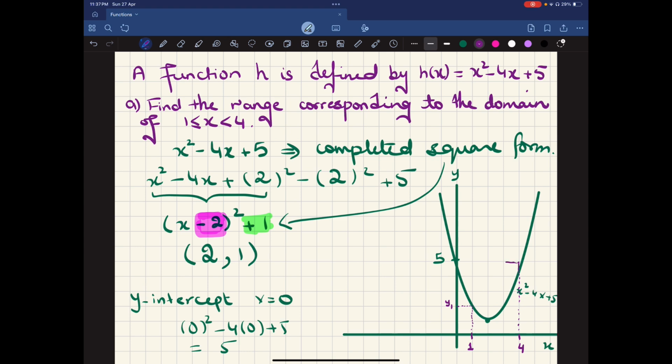So this is your value for the function at x equals 4, this is your y2. So previously what we had done was that we would assume that your range is going to be between y1 and y2 for this domain.